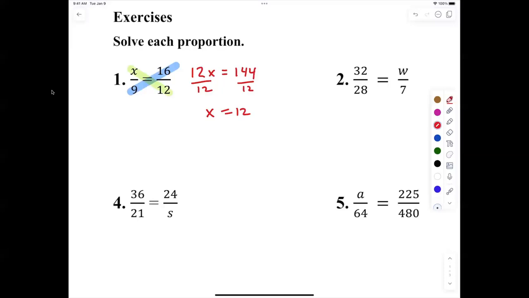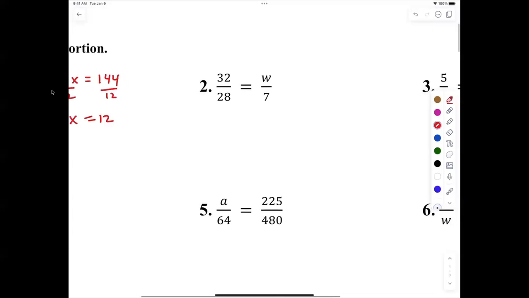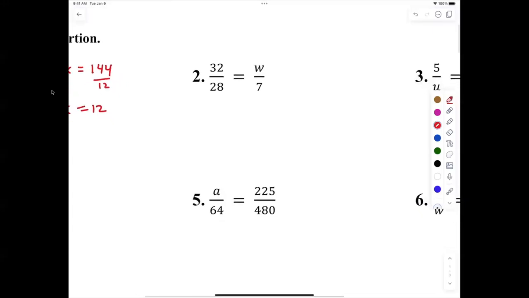Vivian, you're on number 2. When you cross multiply, what do you get? Say it again. Very nice. 28W. Notice she did the variable first. Equals 224. And now your final answer is W is equal to, just a minute, you're completely interrupting.